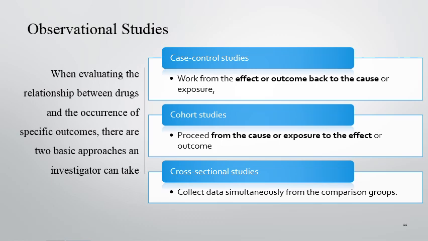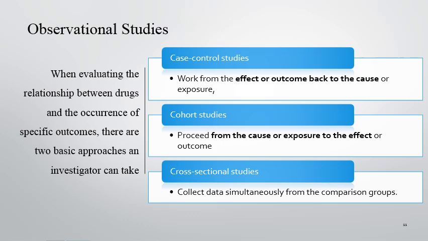to the cause. For example, we might have multiple patient records, and we will observe that this specific outcome of the drug effect was occurring in these patients, and then we will go into the records of those patients to see what might be common among them.